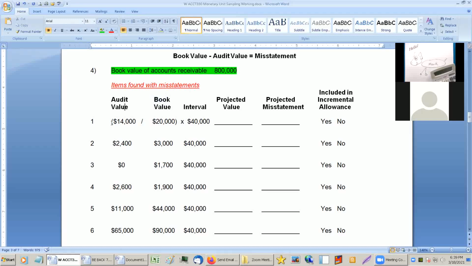So audit value divided by book, times that, that'll give us a projected value, divided by 20,000. So 0.7 times 40,000. So 28,000. So the projected value is 28,000.